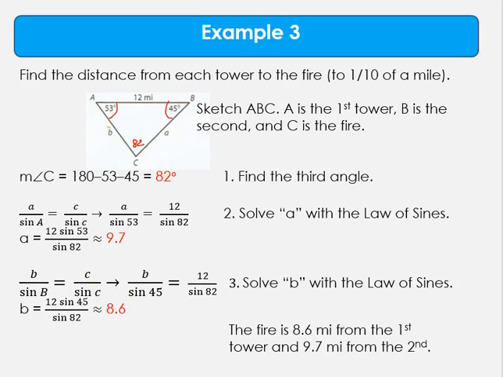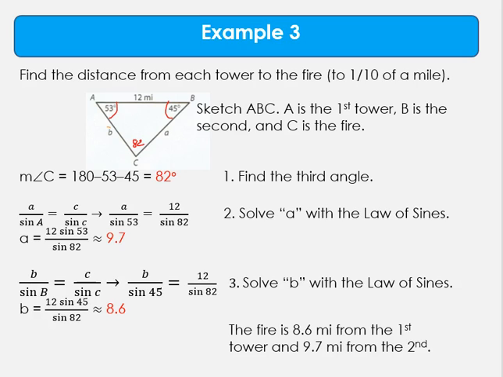Now we use the law of sines, and we have our side over angles. We only need two ratios, because if we have two ratios equal, the third will also be equal. So if we use the information that we have, we'll use a over sine 53.